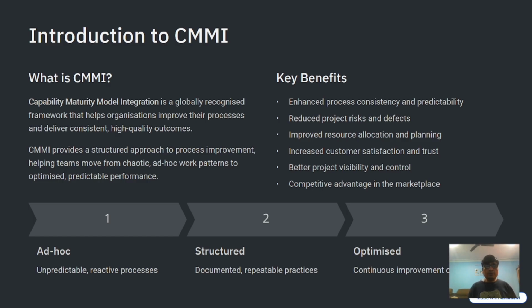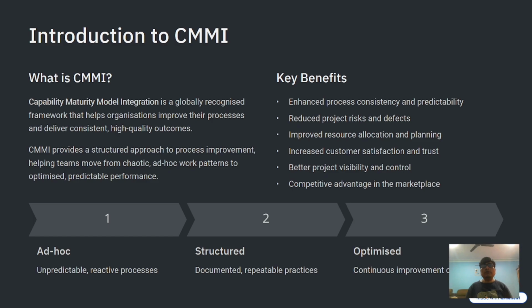The first stage is the ad hoc stage: totally unpredictable, totally reactive processes. We are not able to implement any processes. The people are put on the project, they do things on their own, and they just have a target to complete the tasks.